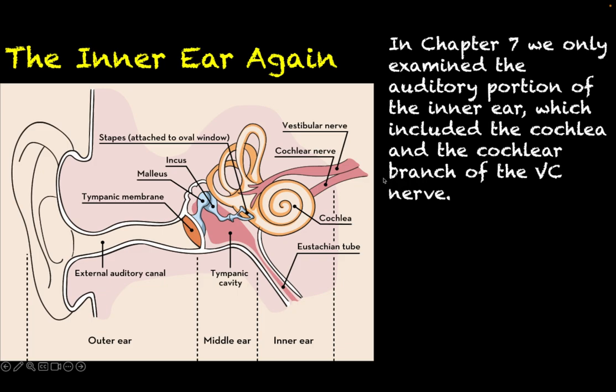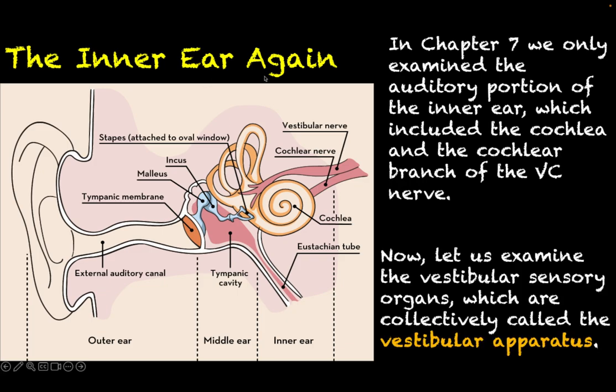Now, thankfully, in this chapter, we're going to be focusing on a sensory system that works very similarly. So instead of the cochlea, which again is for hearing, we're going to be focusing on what's called the vestibular apparatus, which consists of several structures, including these little loop structures, which are called the semicircular canals.